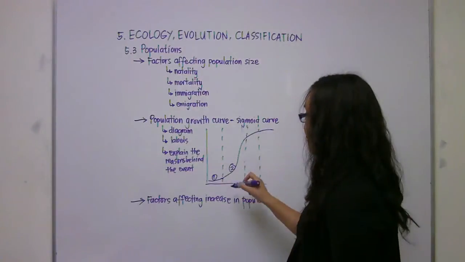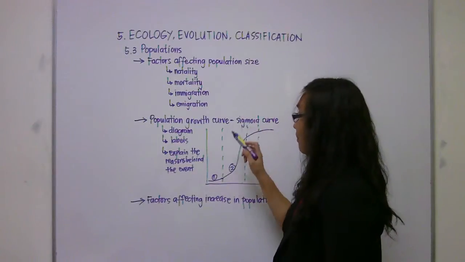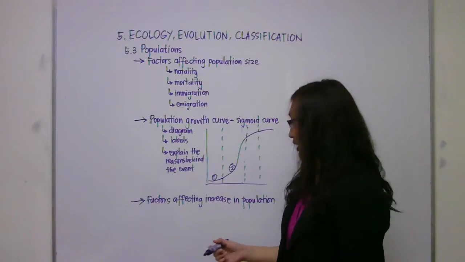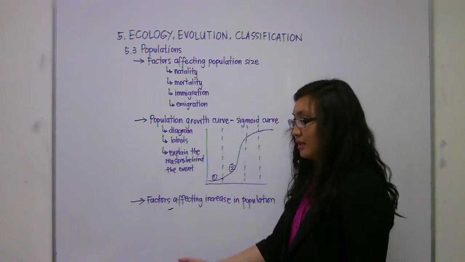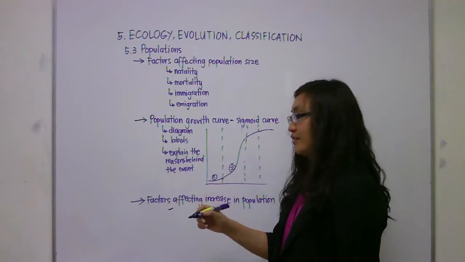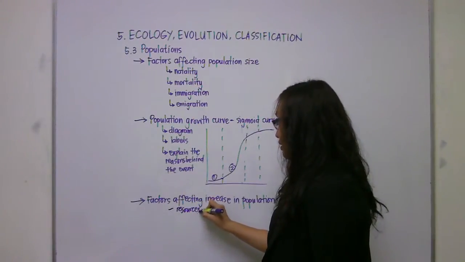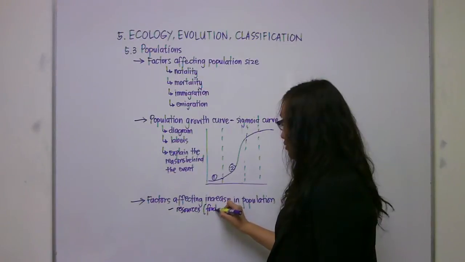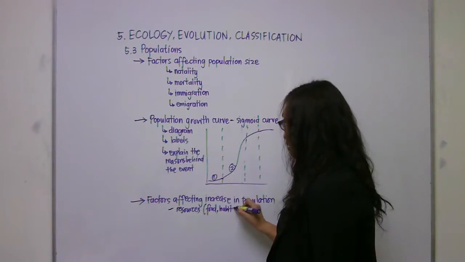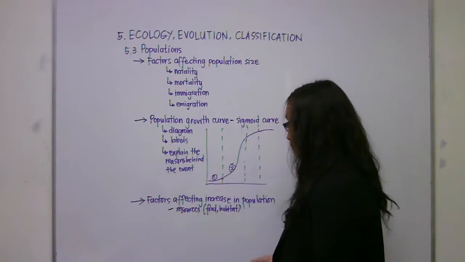Once we have identified the factors affecting the population size, what are the factors that could further increase a population? Of course, we cannot expect a population to just randomly increase, but there are certain factors that are needed, such as resources like food source and habitat. These affect the organisms in increasing population.